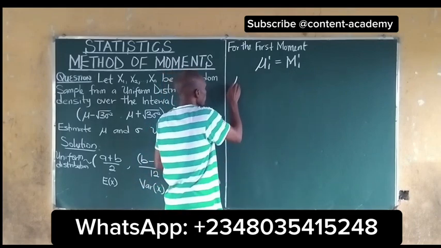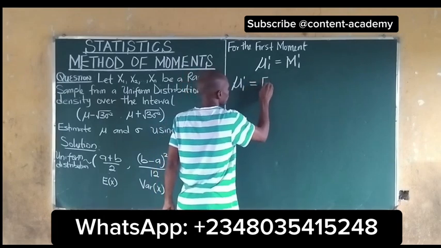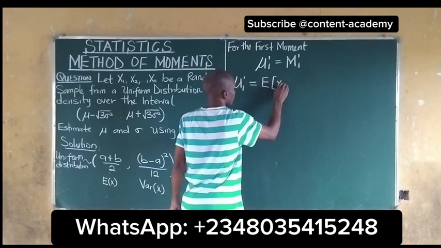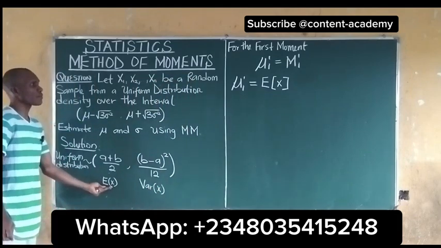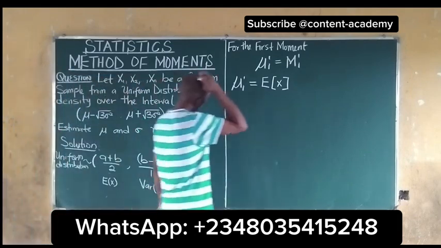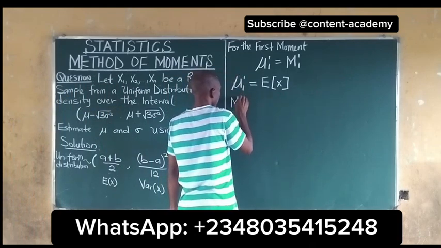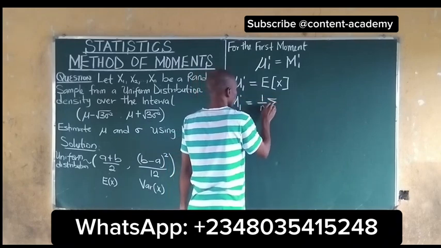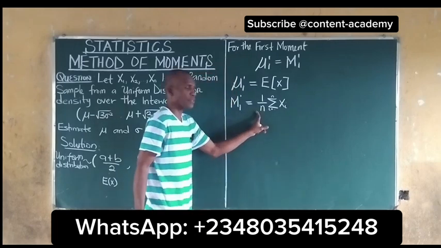The population mean is equal to the expected value of x, while the sample mean is equal to 1 all over n summation of xi, as i running from 1 to n. So this is our sample mean.